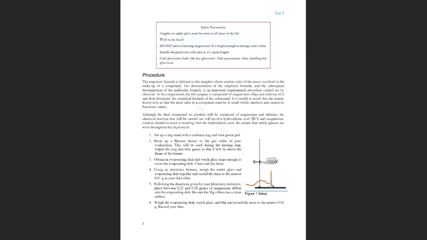Here, where it says the procedure, we are going to calculate the empirical formula of a compound between magnesium and chloride. Actually, you are going to make a reaction between magnesium and hydrochloric acid, and you are going to form a compound that has magnesium and chloride.